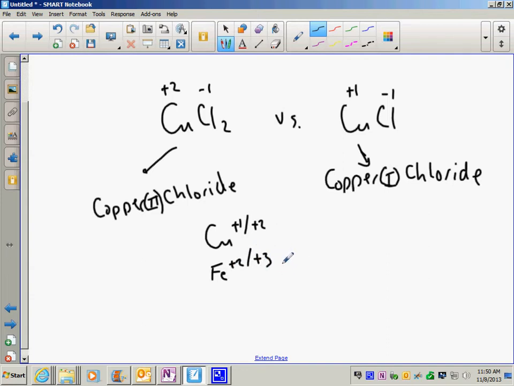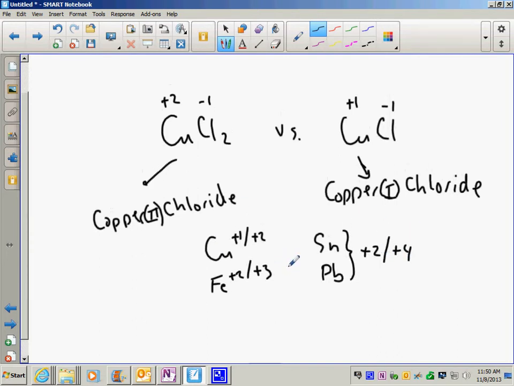This would encompass probably 90% of our examples. We do also have tin and lead, which have both the same charges of +2 and +4. This would be 99% of the examples that I might give or see. So be aware of these guys here.